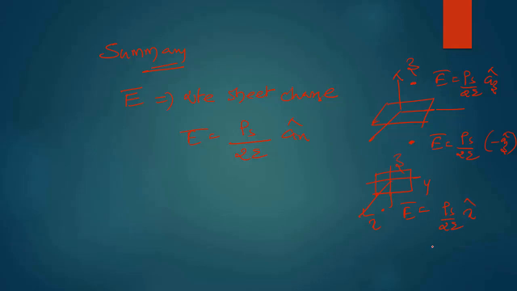If you want to calculate it towards the negative x direction, you get minus a x cap. So what did you understand here? Electric field is perpendicular to the sheet, and based upon the orientation of the sheet, the perpendicular direction changes. So in general we give a n cap, normal to the sheet.